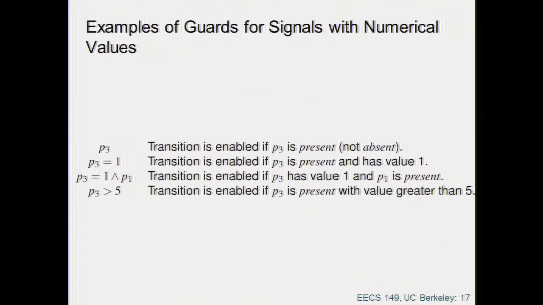P3 equal to 1 means I take the transition if P3 is present, but is also equal to 1. Okay, so I give an information there. Now, the important thing is P3 larger than 5 means that I'm going to take that transition only if the signal P3 is present and is larger than 5. Okay, so I can associate inequalities and equalities on the guards of the finite state machine.